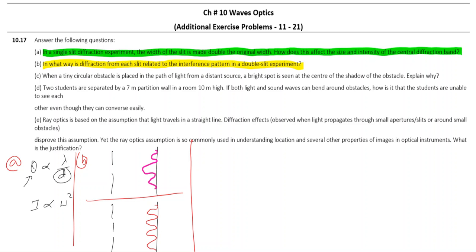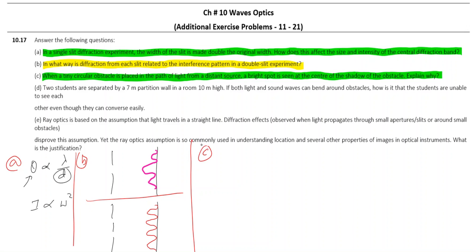Next one, C. When a tiny circular obstacle is placed in path of light from distant source, a bright spot is seen at center of the shadow of the obstacle. Explain why. Very interesting question. Suppose you take a torch, though torch is not suitable thing because it is not extended source of light, but yet we can verify.